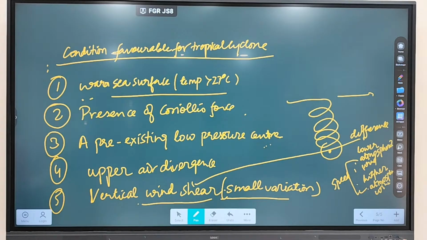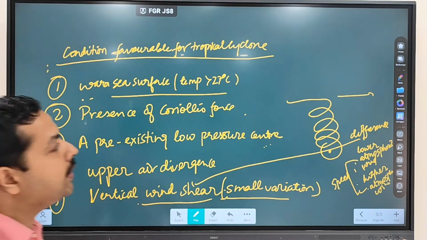As you go up, what will happen? Wind speed will increase. Clear? So there should not be much difference between the lower atmospheric wind and the higher atmospheric wind. If the difference is too much, then cyclones are not going to form, because we are seeing that winds are rising.